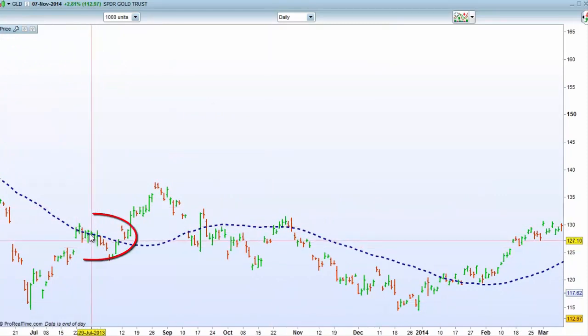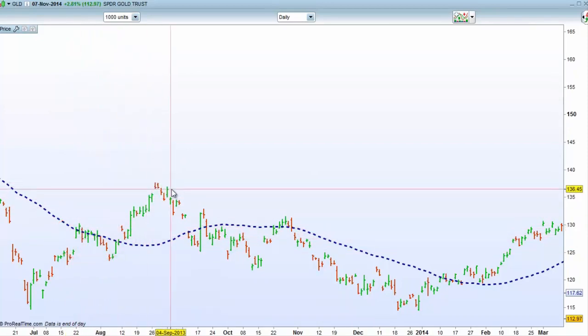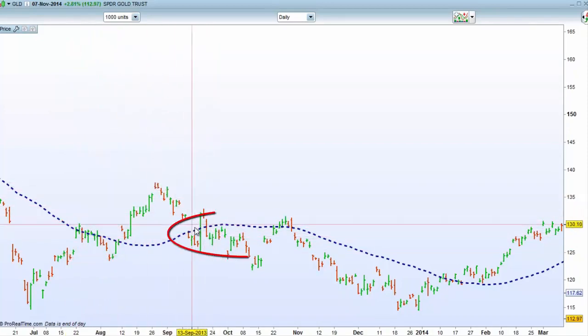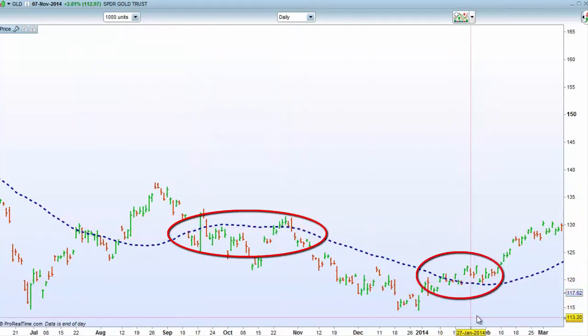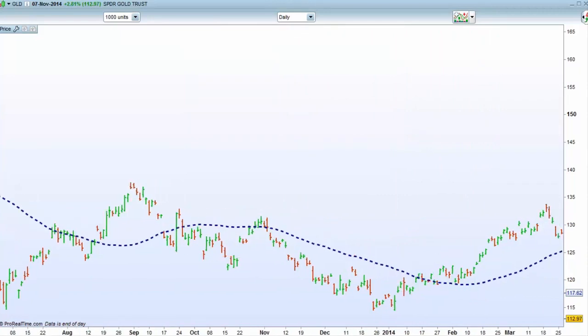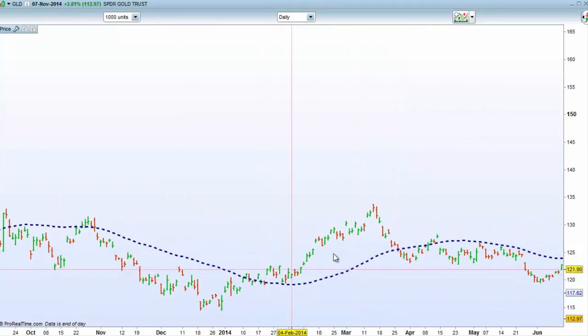Notice here you would have had to deal with the line and the whipsaws here. Here you'd have had a clear direction. Here you go with whipsaws again. Here goes some more whipsaws. You would have caught this little move up, got stopped out here, made some money on that move.